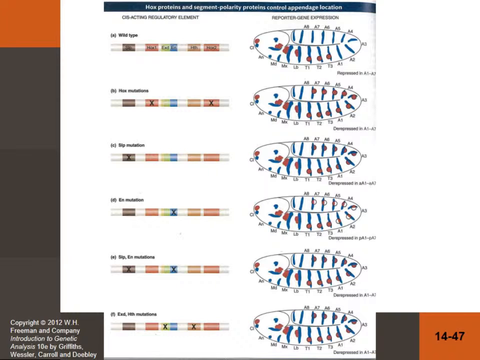In D, we have a mutation in EN, which is engrailed, another segment polarity protein. In E, mutations in both sloppy paired and engrailed, and some additional mutations in F. These ones are extradenticle and homothorax.